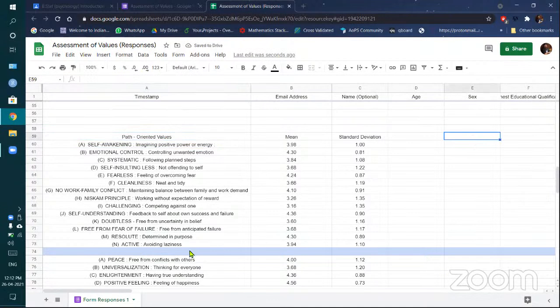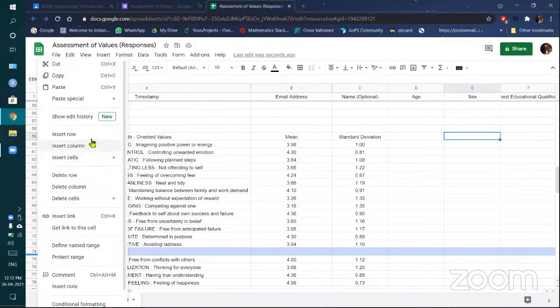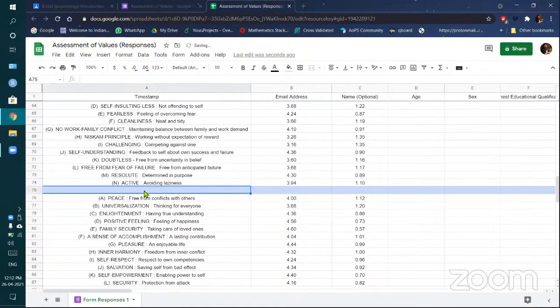And below write goal oriented values. Sir, should I just a second? What are you doing there? Write goal oriented values.